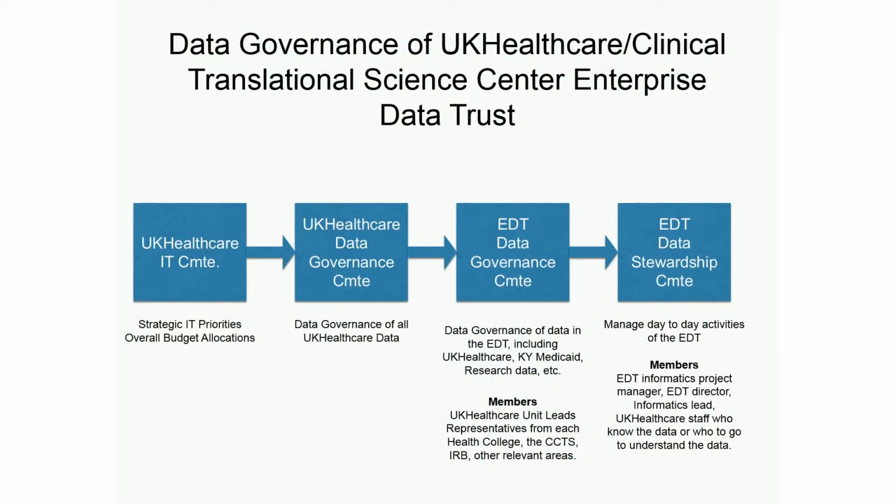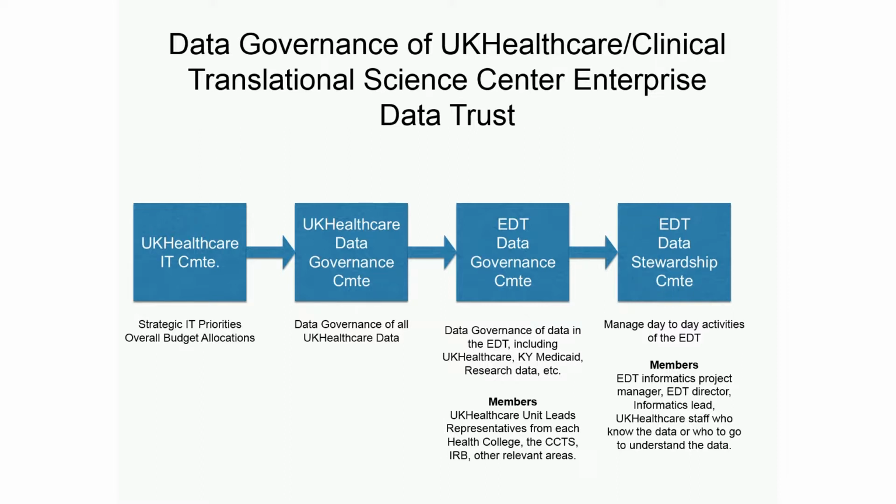Because it was available for operational use, researchers could gain access without consenting patients as long as the IRB agreed that it was de-identified, or they would give a waiver of consent. So really little things that literally came down to saying why we were building this completely affected what we could do with the data and how easy it was for researchers to access the data. So that was the Healthcare IT Committee.